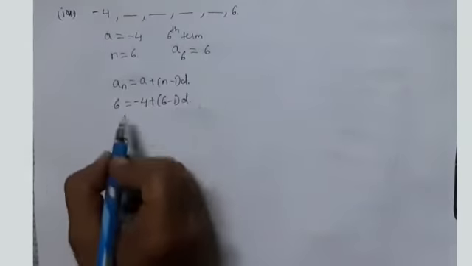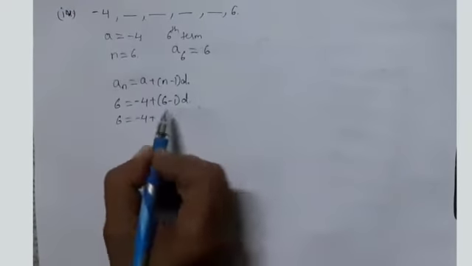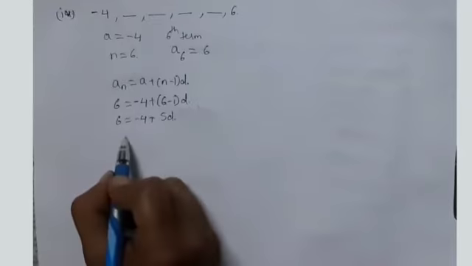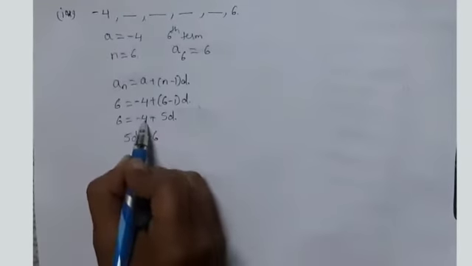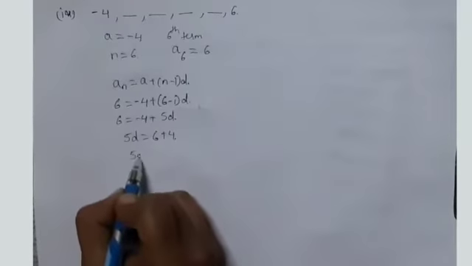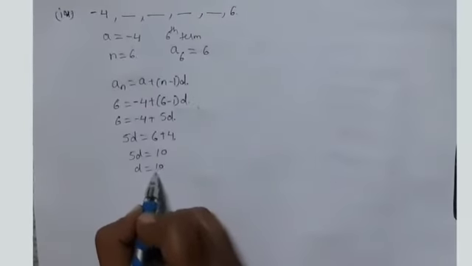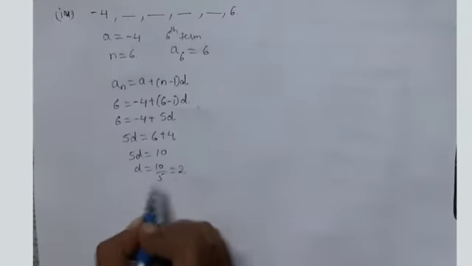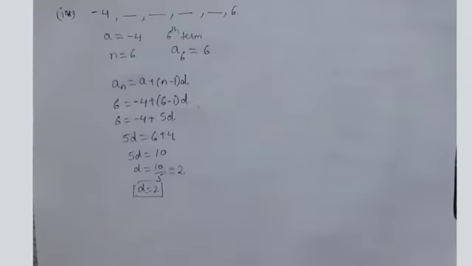D you have to find out. So let me write 6 is equal to minus 4 plus 6 minus 1 is 5, 5d. From here I can write it as 5d is equal to 6 minus 4. When it is transposed, it will be plus 4. So 5d is equal to 10. D is equal to 10 by 5, which is equal to 2. So the value of d is 2.